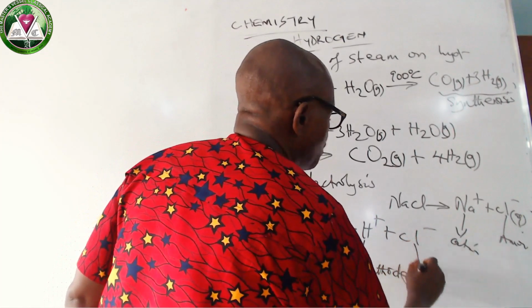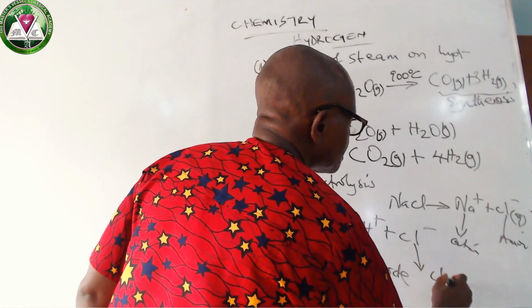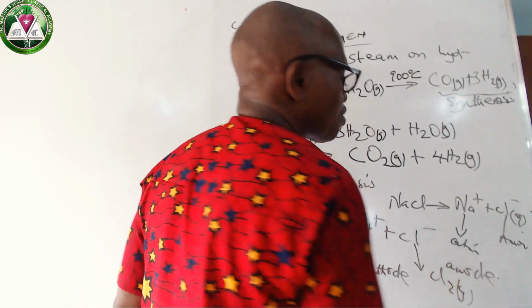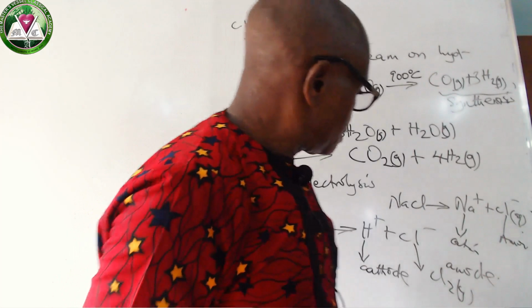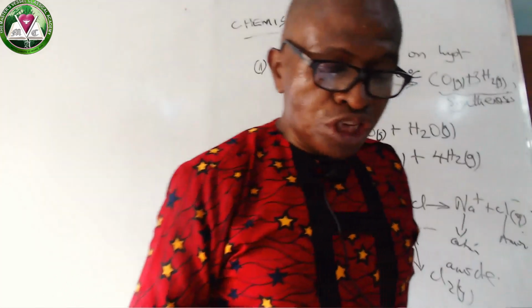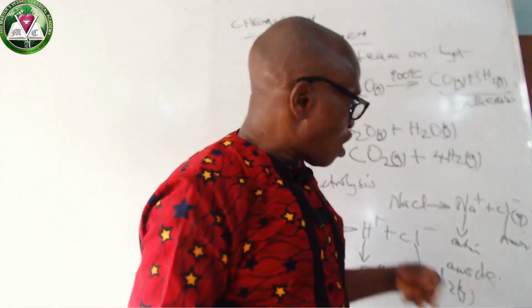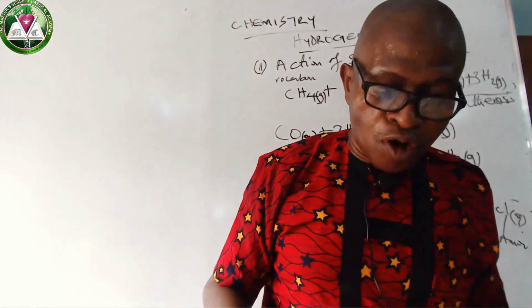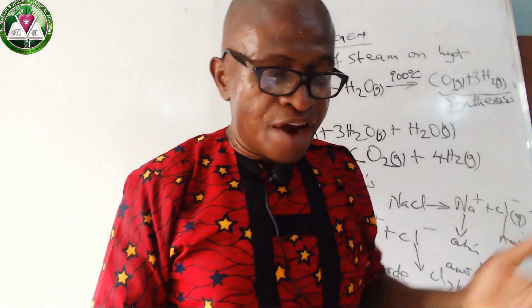This one goes to the anode as chlorine gas. That's how you can produce hydrogen using electrolysis. There are other ones, like electrolysis of sodium hydroxide. It will equally give you hydrogen.